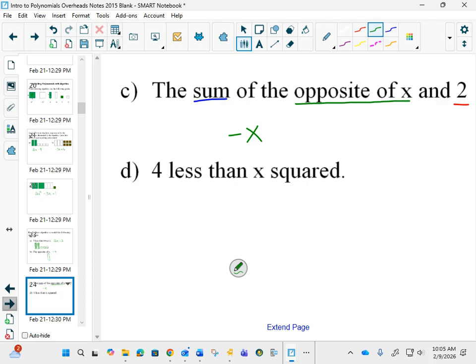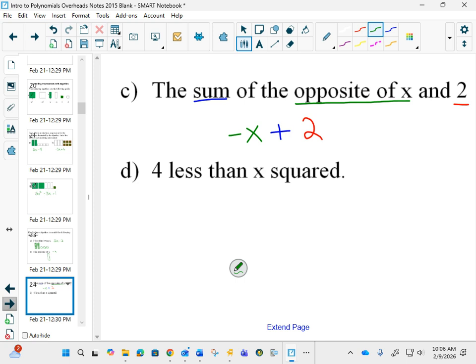That's what that would look like. Sum means plus. And 2. So the opposite of x and 2 are added together. So you see how I color-coded the words in the question? And then wrote those in algebra.